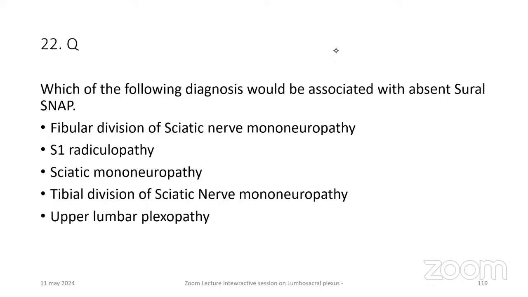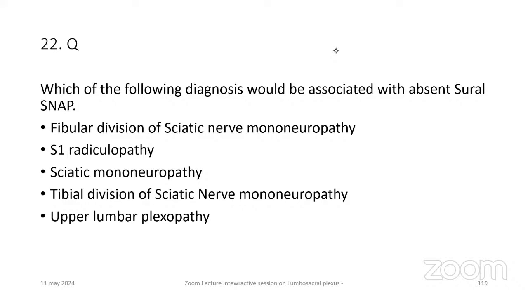Last question. Which of the following diagnoses would be associated with absent sural SNAPs? Fibular division of the sciatic nerve mononeuropathy, S1 radiculopathy, sciatic mononeuropathy, tibial division of the sciatic nerve mononeuropathy, or upper lumbar plexus. Should I answer, sir?